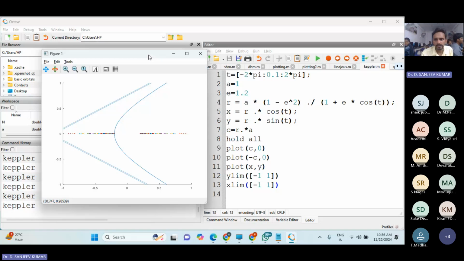E dot square. Here E square. Minus 2 star.